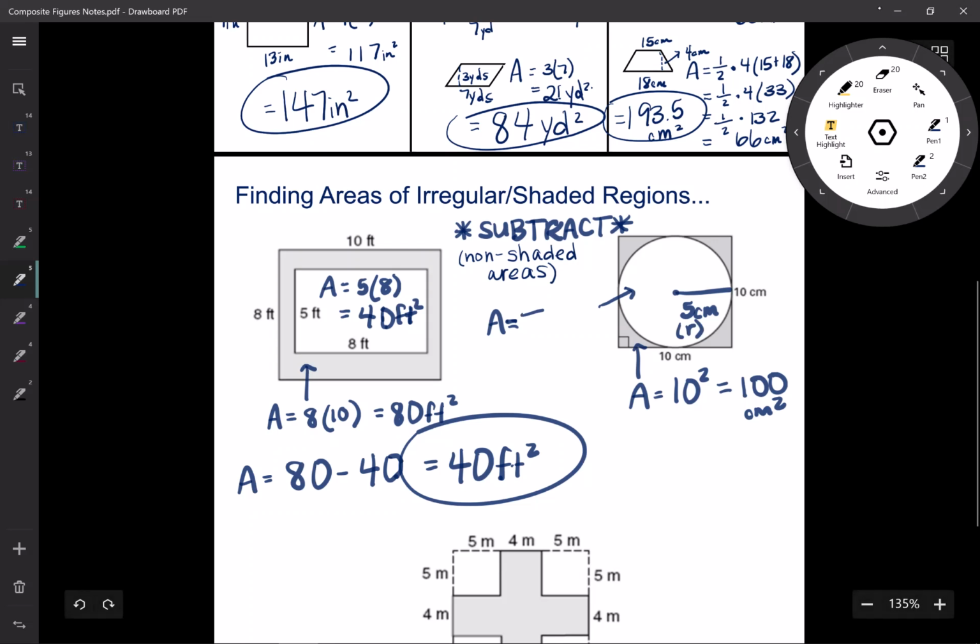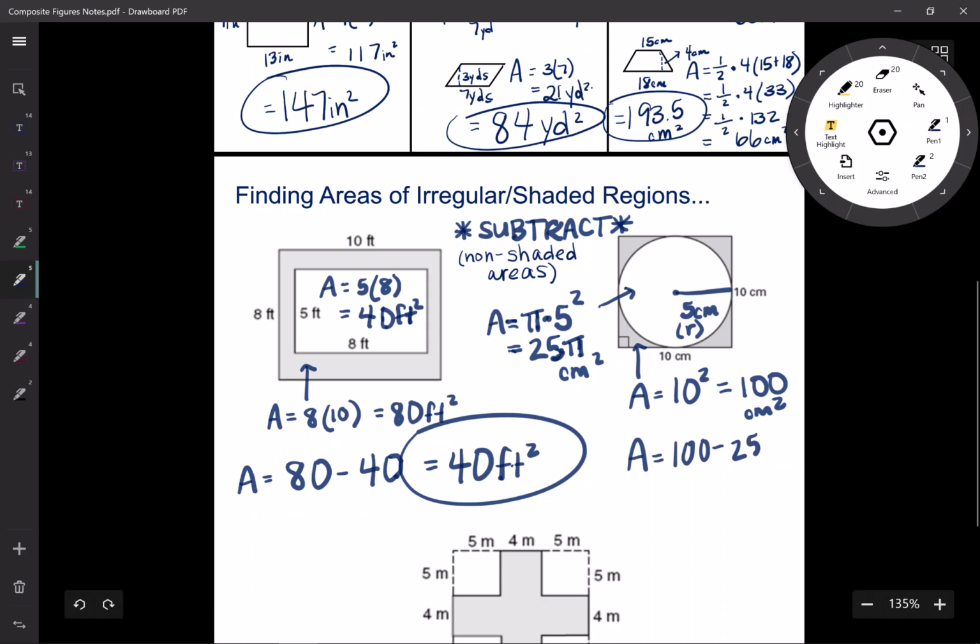The area of the circle is just pi times my radius squared. And if I keep it in terms of pi, that's just 25 pi centimeters squared.